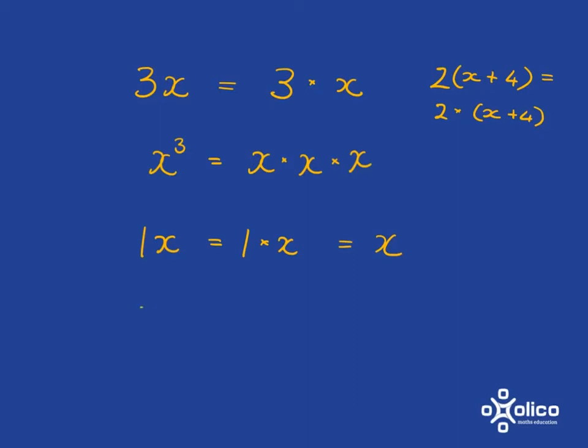And similarly, we don't bother to write x to the power of 1, because x to the power of 1 would mean just, like x squared means x times x, x cubed means x times x times x, x to the power of 1 means you've just got 1x, and so it's just x that we write it as.